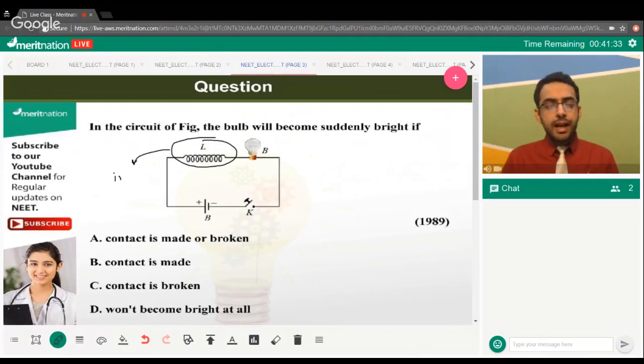An inductor has a property to oppose the change in current. As you have learned, E, that means EMF induced across an inductor, is given by this formula, minus of L di over dt. So L di by dt is the EMF induced.